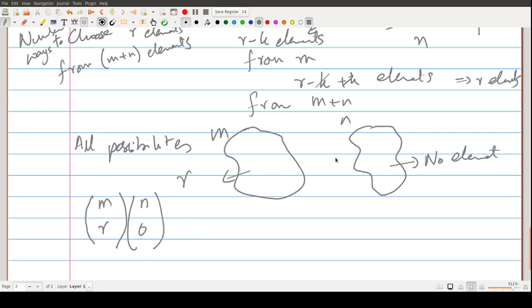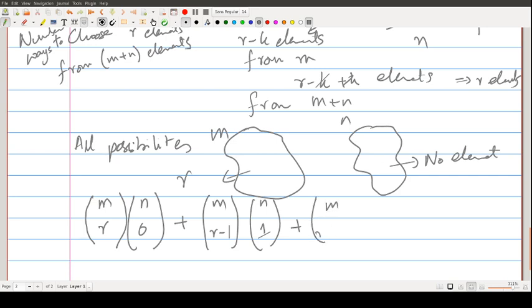So I'm multiplying these two because we're counting the total number of ways in this one situation. Then in the next situation, maybe I select one element from here, nC1, and the remaining r minus 1 elements from this bag, right? And so these are the different possibilities, and these possibilities can go on.